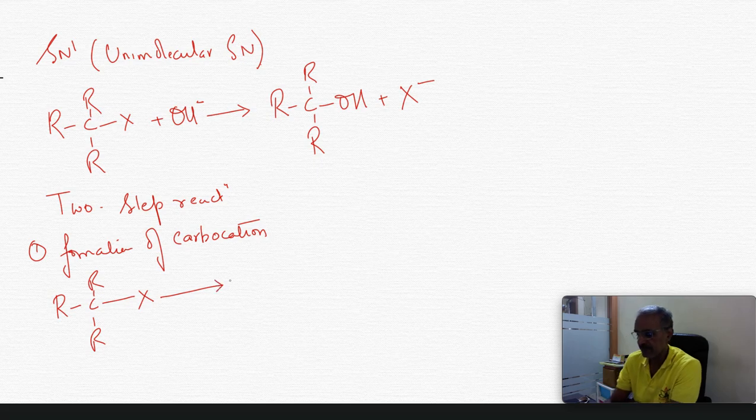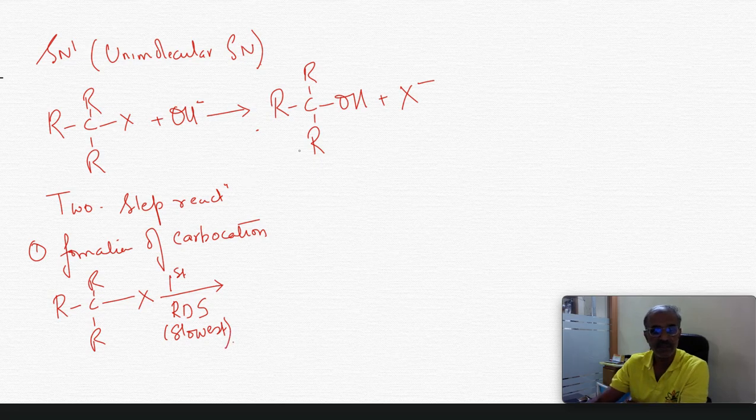Initially the X will part off. This will be the first step, which is also the RDS, the rate determining step. As I've told you, the slowest step in a particular reaction is known as the rate determining step, right?